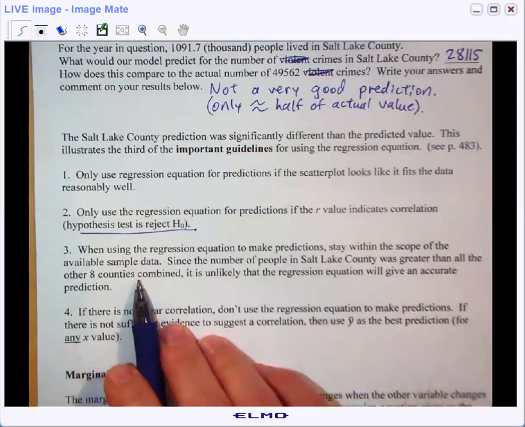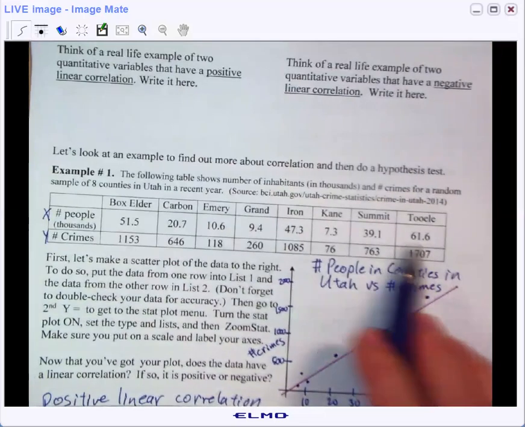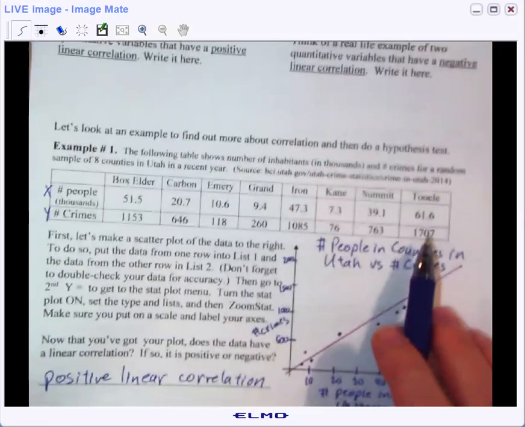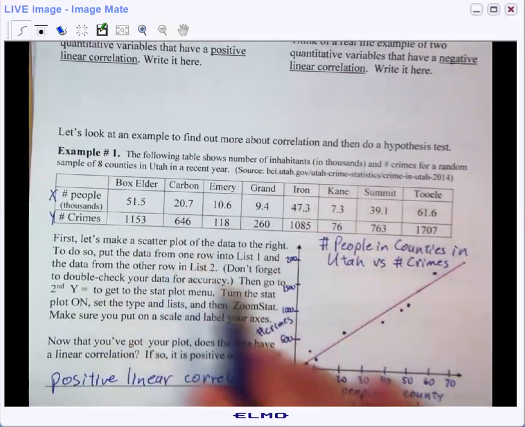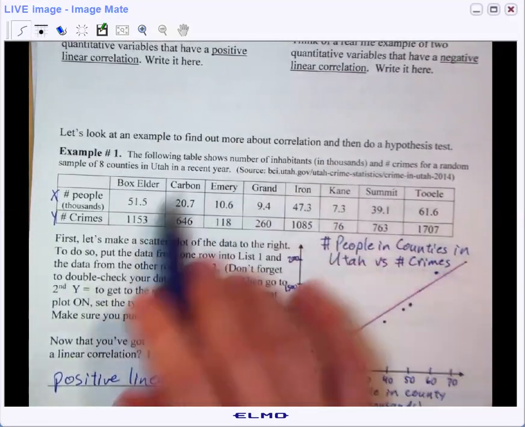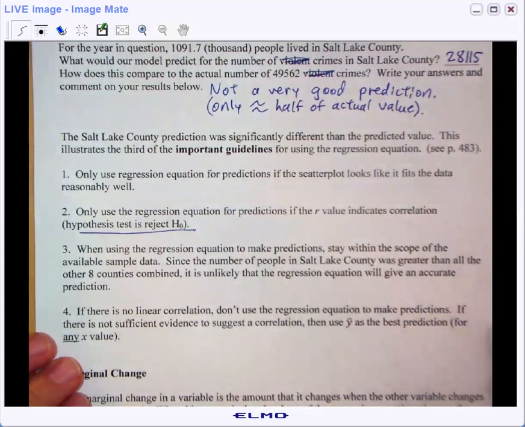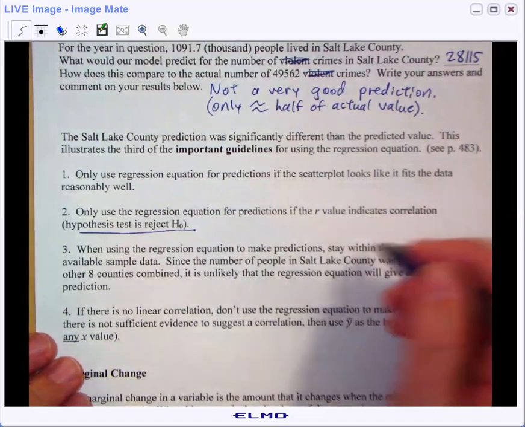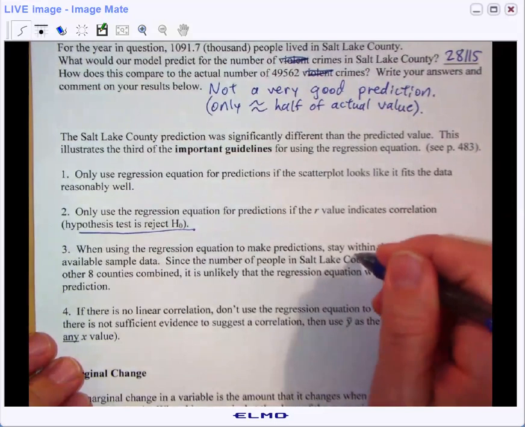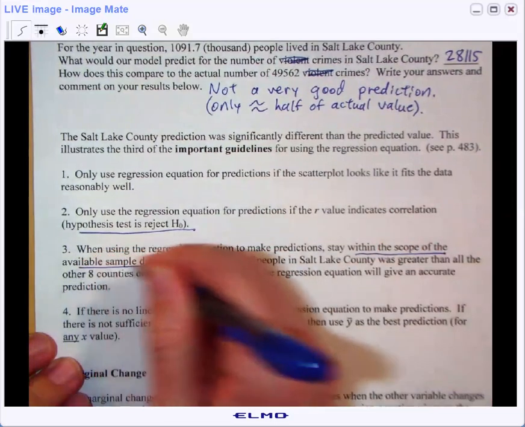Now, we mentioned this earlier, since the number of people in Salt Lake County was greater than all of the sampled counties combined, Salt Lake County probably doesn't fit in this kind of a sample. This is medium and small size counties, where Salt Lake County has a large population. So only use your prediction where it applies. You've got to stay within the scope of the sample data.